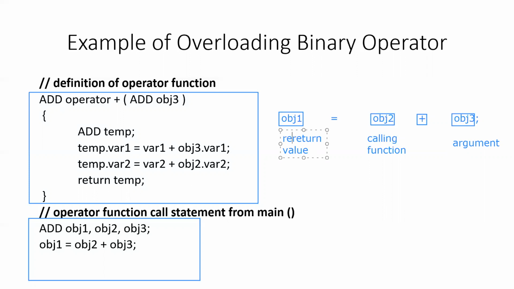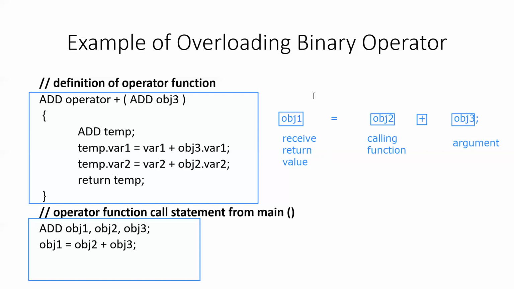So this is the explanation of the three operands inside the call statement. Object 2, on the left hand side of the operator, is the calling object. Object 3, on the right hand side of the operator, is the argument that will be passed. And whatever object will be returned will be received in object 1.